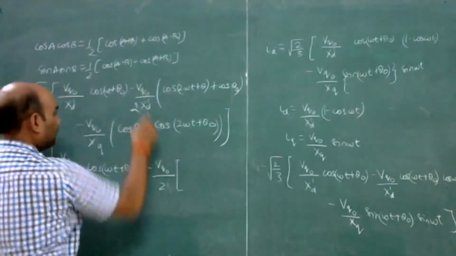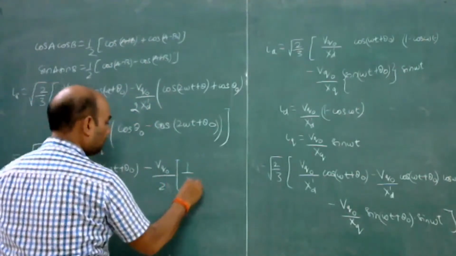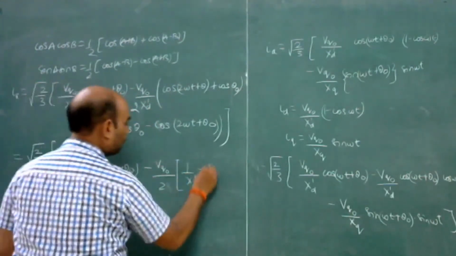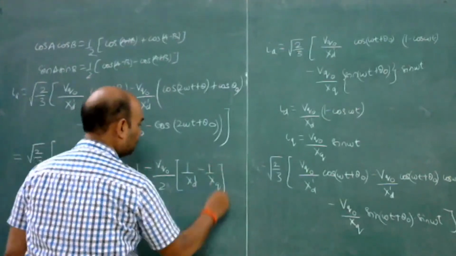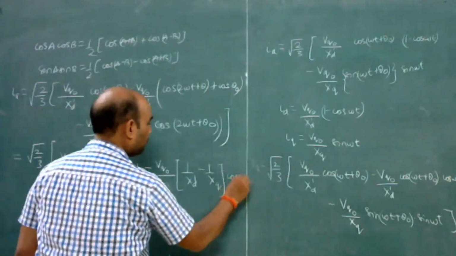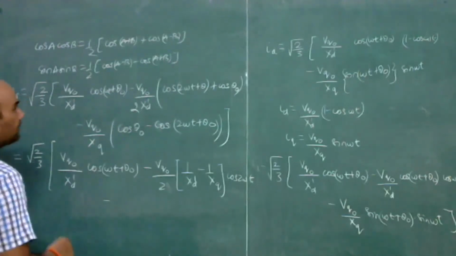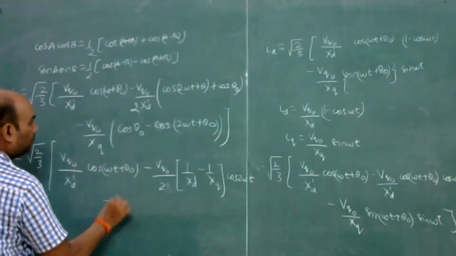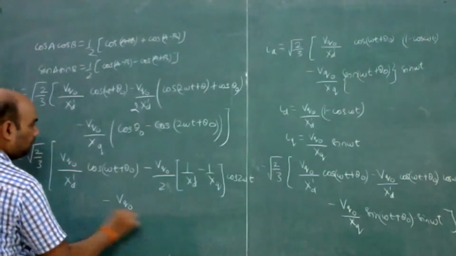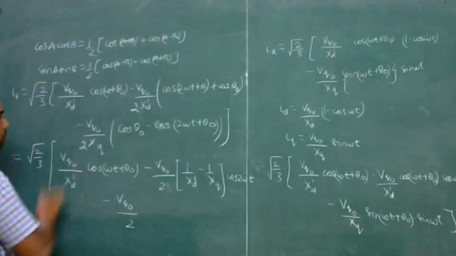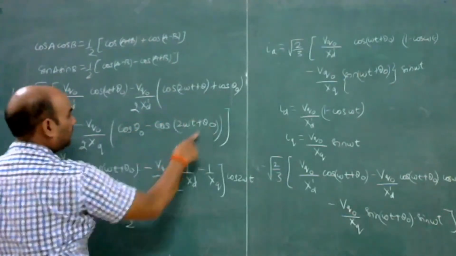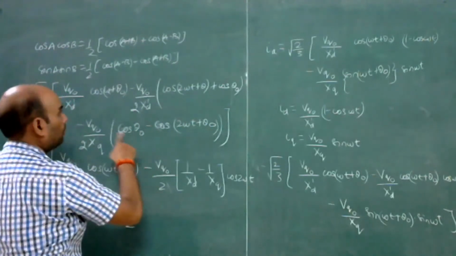This is 1 upon Xd dash, here it is 1 upon Xq, 1 upon Xq into cos 2 omega t, and minus Vq naught upon 2, so this will be 2 cos theta, and cos theta.